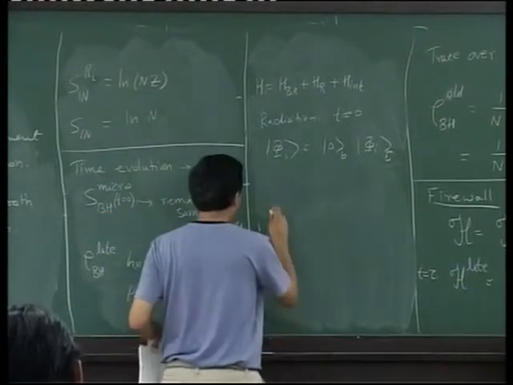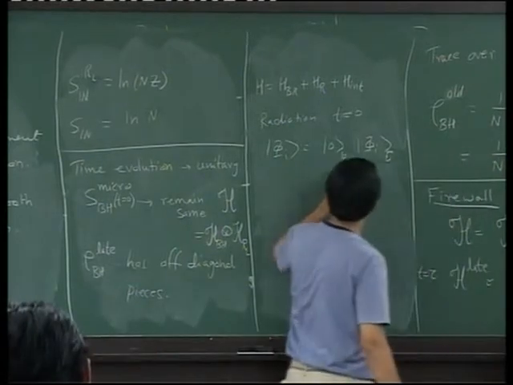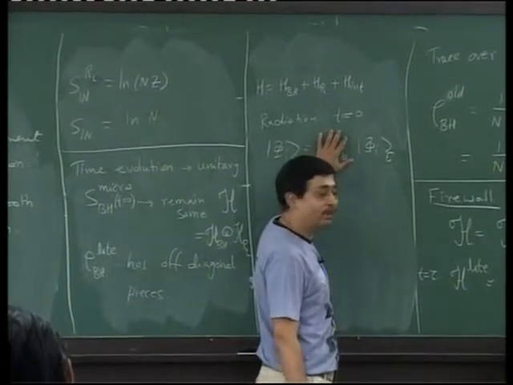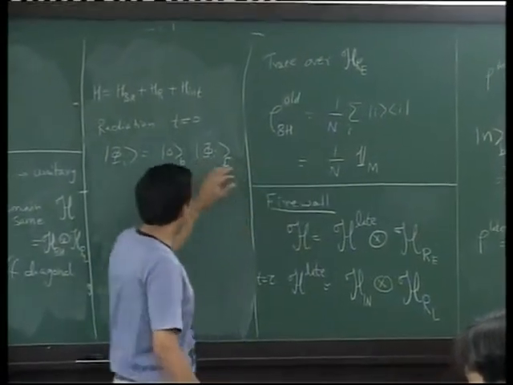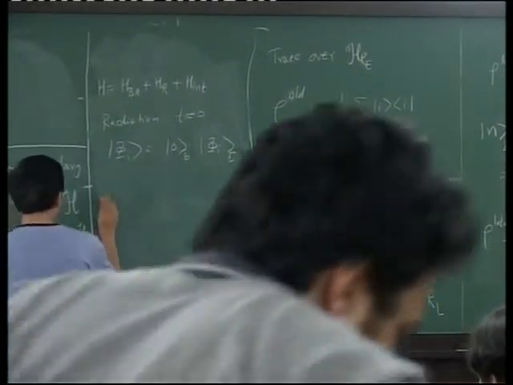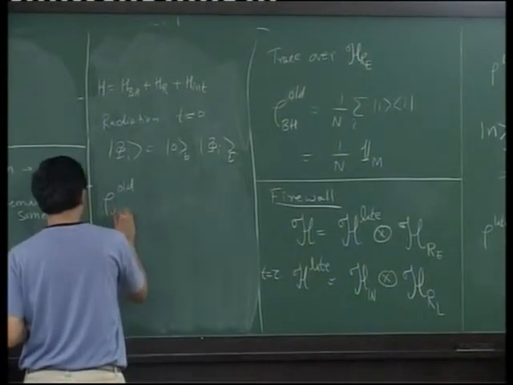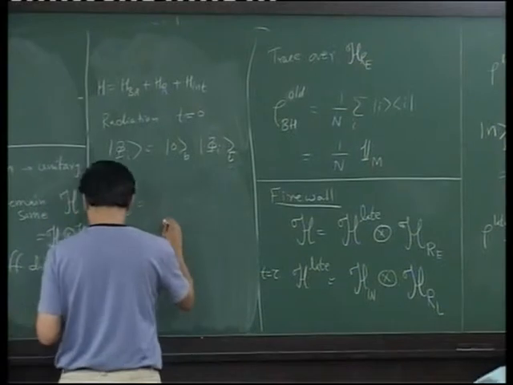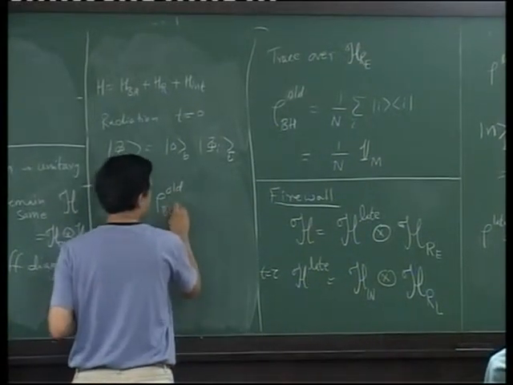And what we did earlier was that we did not even consider this Hilbert space, and we just looked at the early radiation and just summed it over. Now we will keep this and write down the rho corresponding to this. So rho old at t equals 0 is going to look like the earlier rho old that we had written down, which probably I just erased.